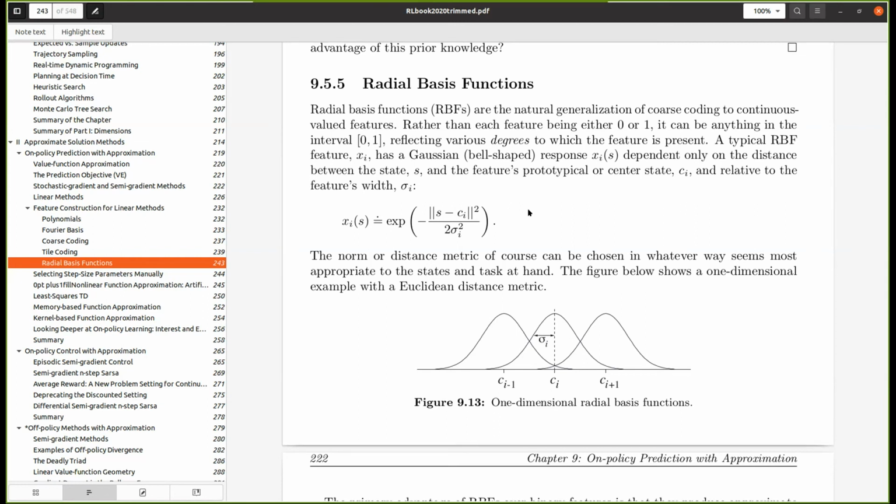We have these bell-shaped regions, which are determined by a mean and a variance, if you think of it as a Gaussian. And we encode each feature as a combination of these radial basis functions.